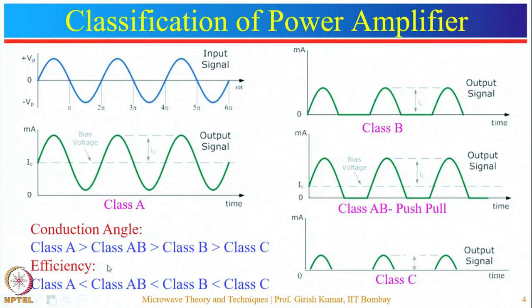Now if I talk in terms of efficiency, then the efficiency of the class A amplifier is minimum, about 20% or 25%, and it is maximum for the class C amplifier, around 95%. So they are the most efficient power amplifiers among these class A, B and C amplifiers.